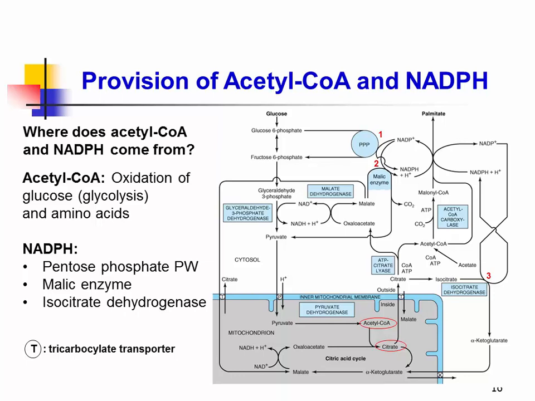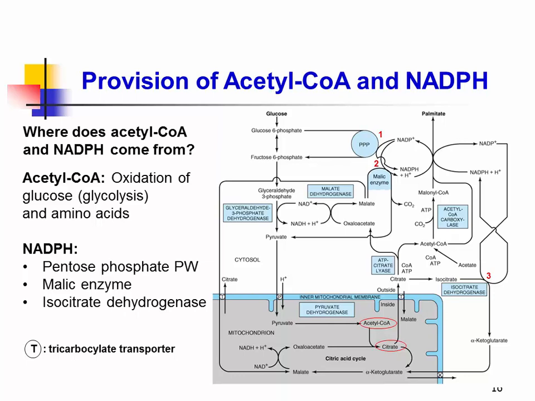And here I just give you some idea where this acetyl-CoA and NADPH come from. Acetyl-CoA, we know, can be from oxidation of glucose or amino acids, right? And for NADPH, I mentioned one source, the pentose phosphate pathway. It's the pathway that generates NADPH that is needed for fatty acid synthesis here.